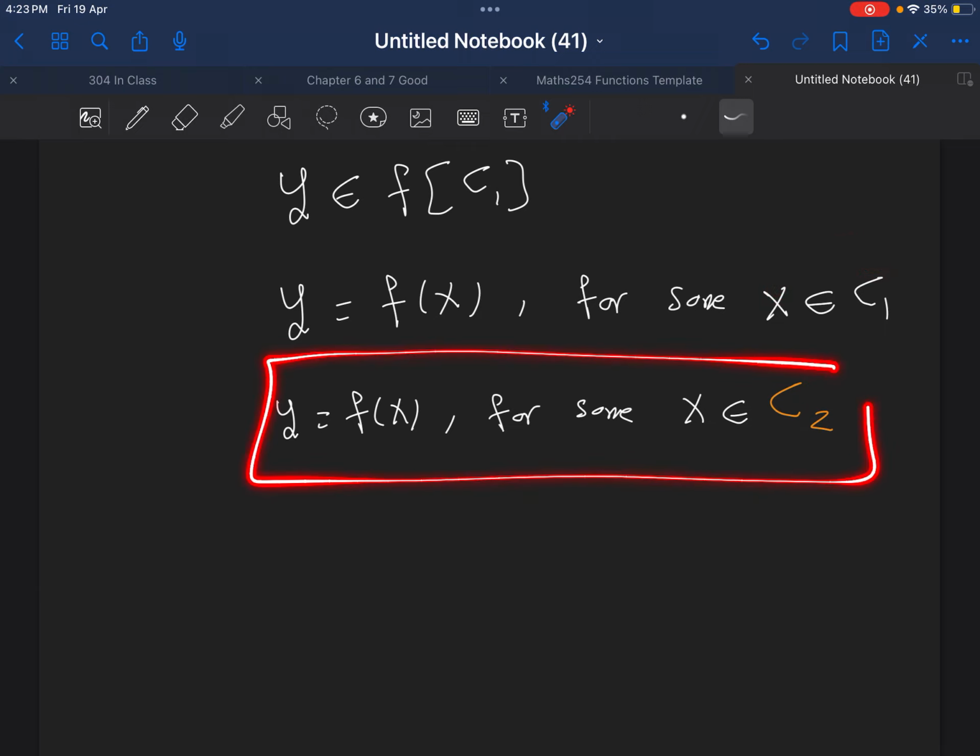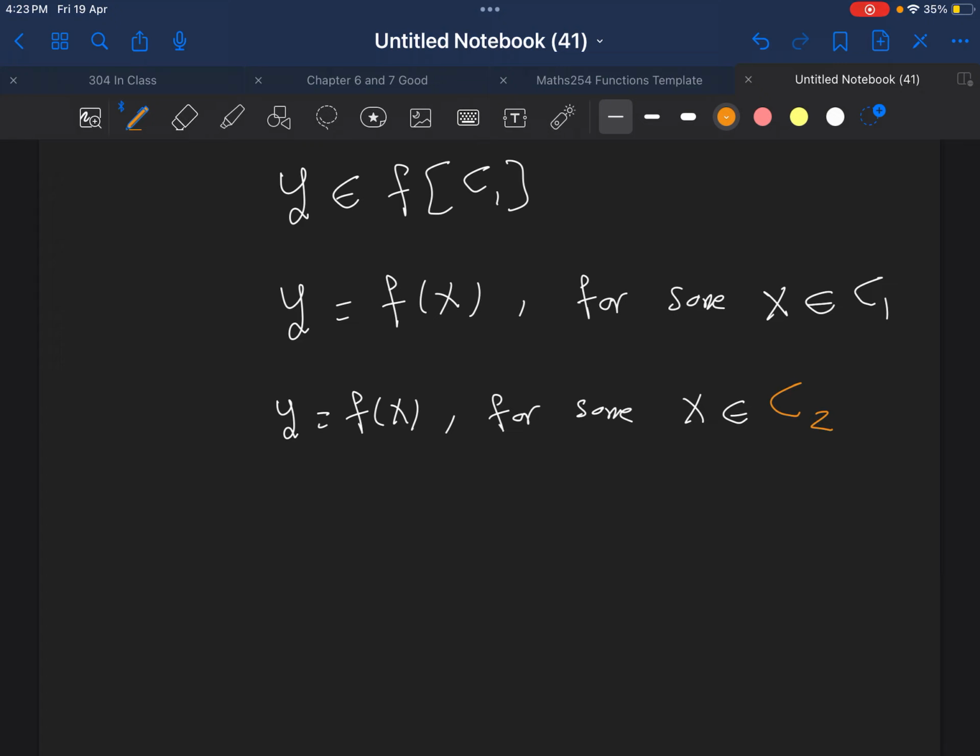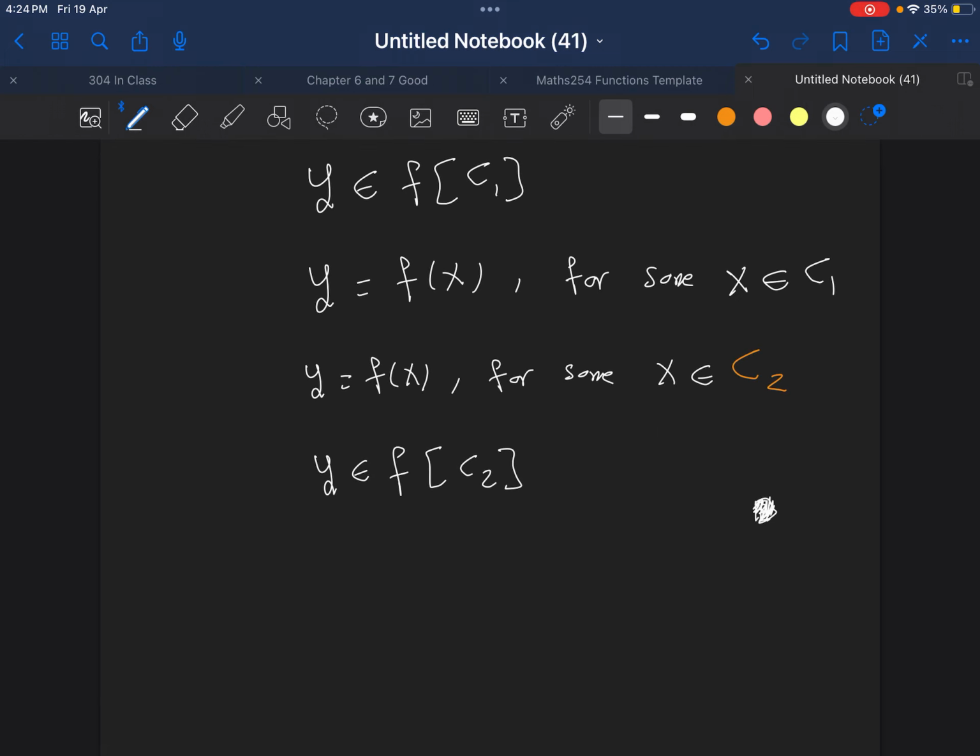Now, if you look at this statement, it has a meaning, which is Y is an image of something in C2. And that will end the first proof of this theorem. Okay, so I can just put an arrow here, arrow here.